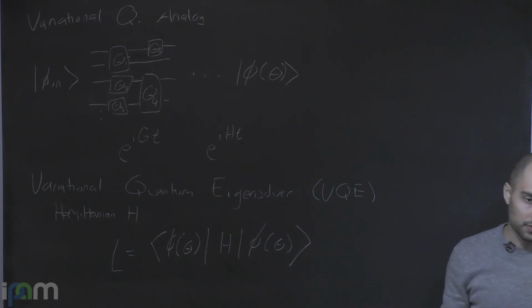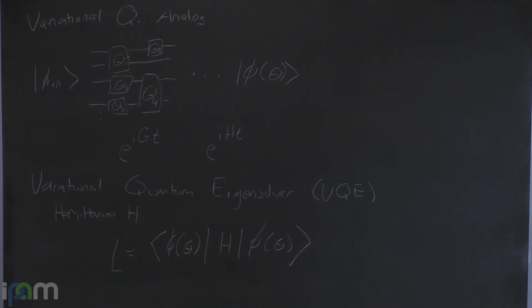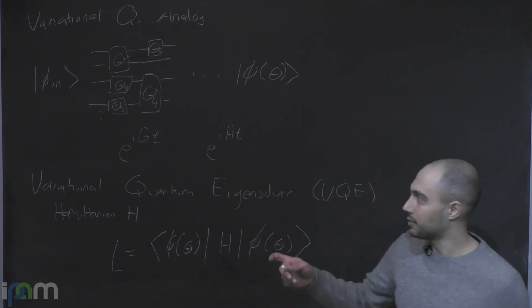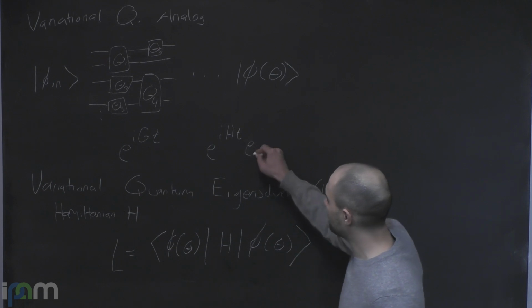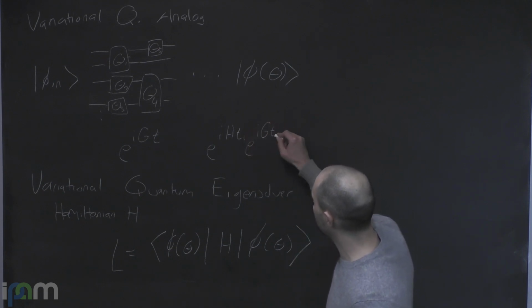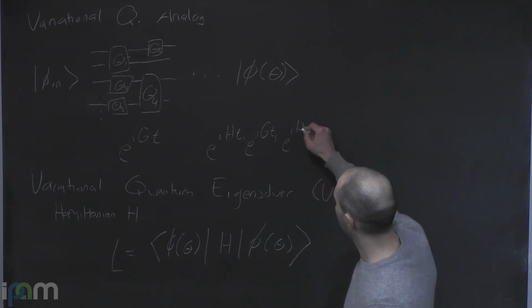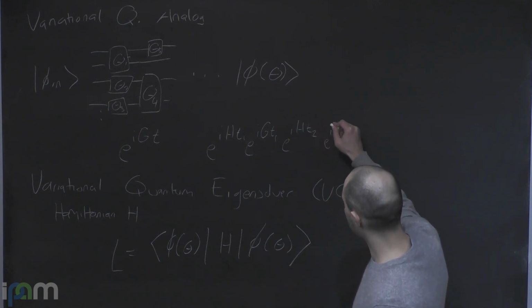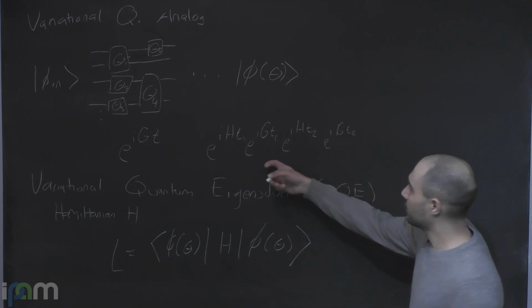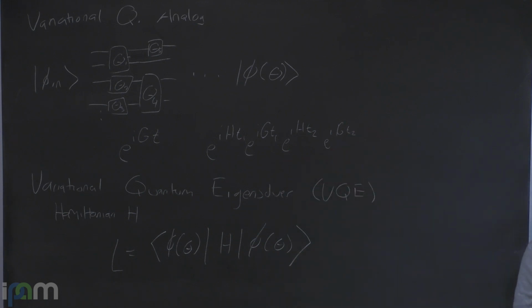And as I was saying earlier, one version of this is called QAOA, but you don't necessarily have to do this. But this is a very popular thing to do. So for example, you can do e to the i H t1 and then e to the i G t1, and then you repeat this for new t, H, t2, G, t2, so on and so forth. And this is what is often called QAOA.